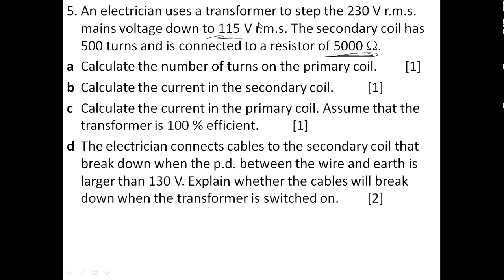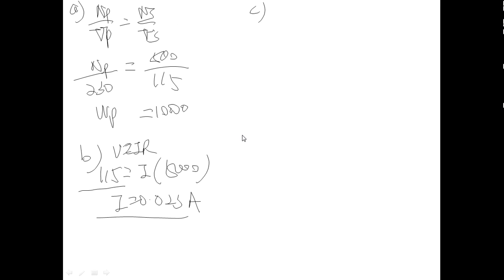Okay, now C, you have to calculate the current in the primary coil. Again, assume the transformer has 100% efficiency, which means the power of the primary coil will be equal to the power of the secondary coil. So IP times VP will be equal to IS times VS. That is, the current of the primary coil times the potential difference of the primary equals the current of the secondary coil times the potential difference of the secondary.